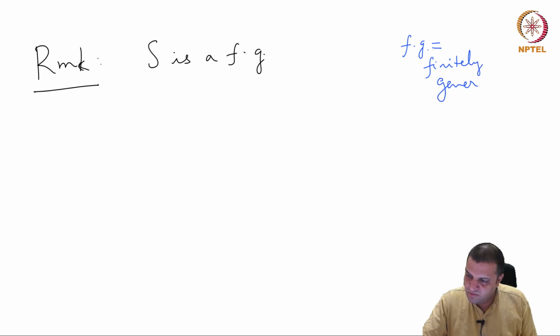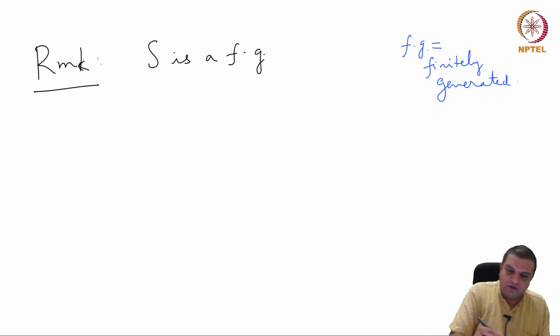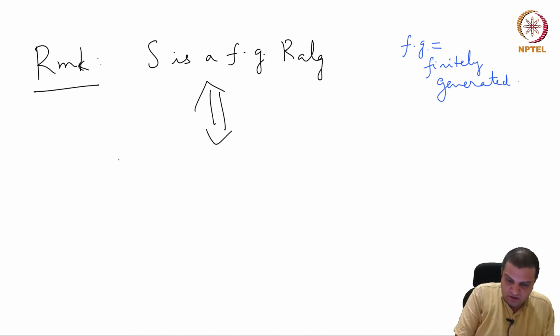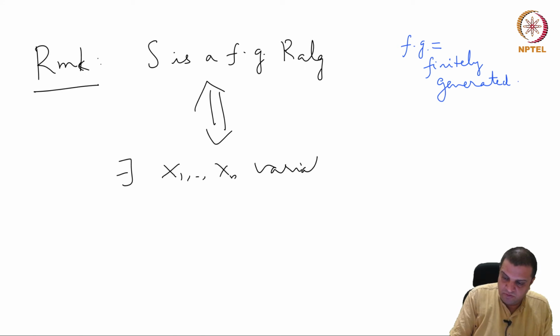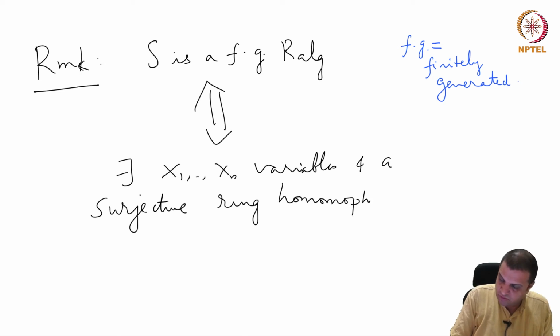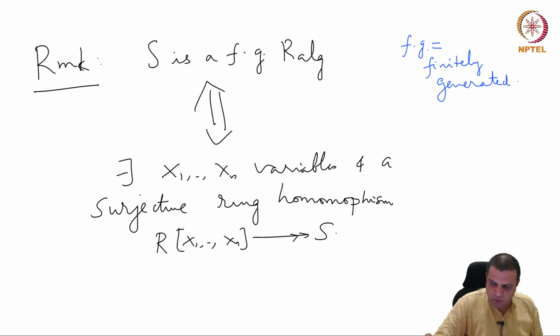S is a finitely generated R algebra if and only if there exist variables x1 through xn and a surjective ring homomorphism from the polynomial ring in that many variables to S. This is not at all very difficult to prove.